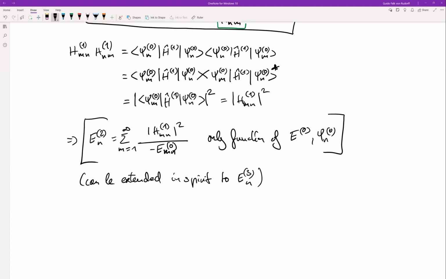And this is a really crucial thing, because now this tells you something about the reuse of information. If you already know your reference system well enough, then this carries over to knowing approximations of perturbed systems. Now, it's no free lunch, right?